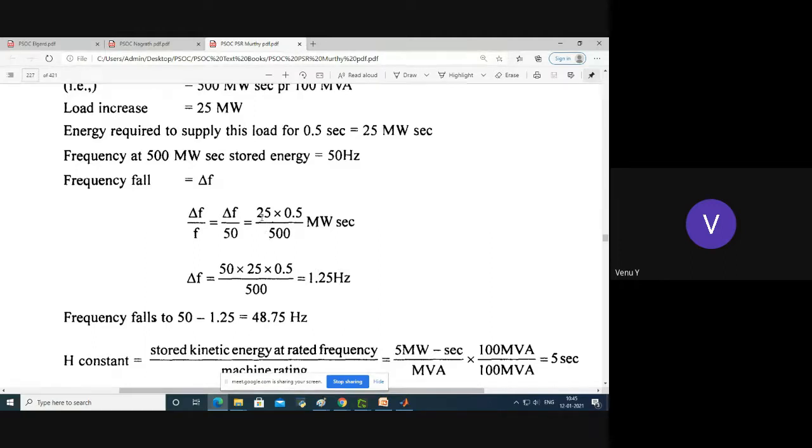What is the percentage? 25 by 500 is 1 by 20, into 100, 5%. For a 5% variation, if the load variation is only 25, you get delta F as 1.25 Hz.